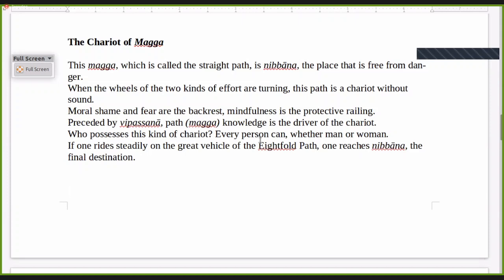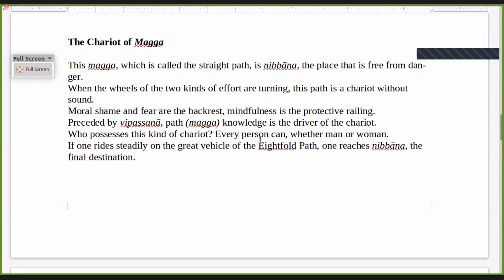Because of the sense of moral shame and moral fear, the yogi devotes yourself in a reverential attitude to the task of noting every physical and mental phenomenon without missing any. In this way, your mega path keeps developing with each passing moment.